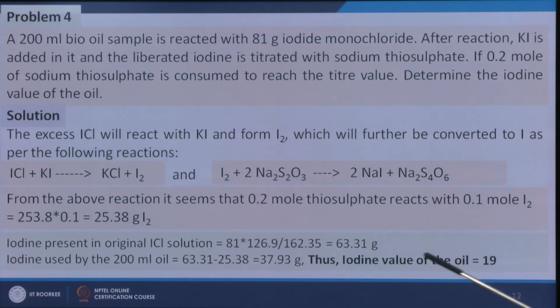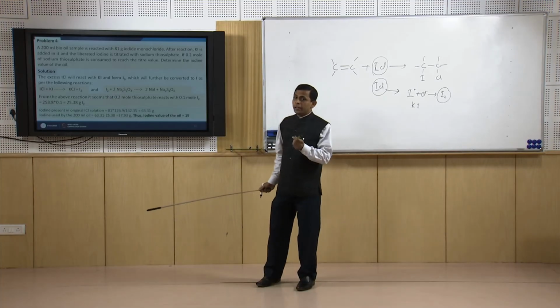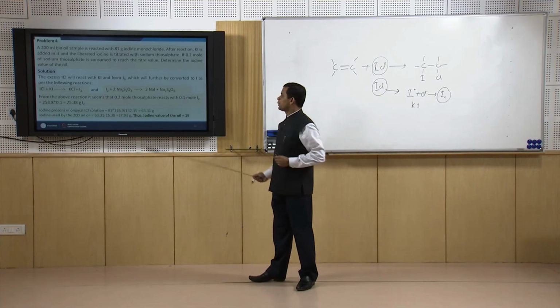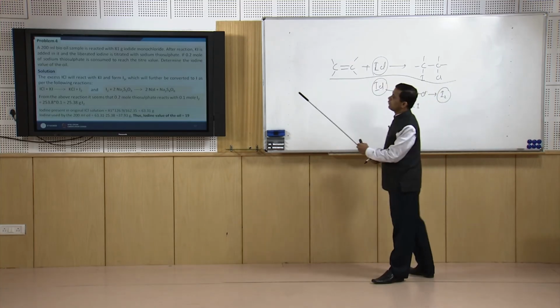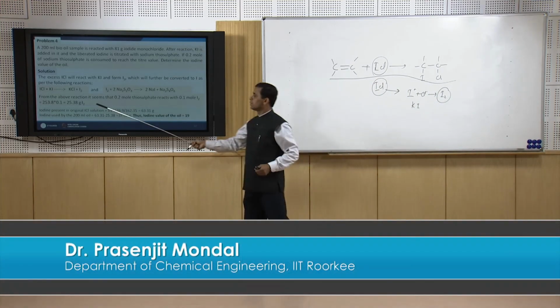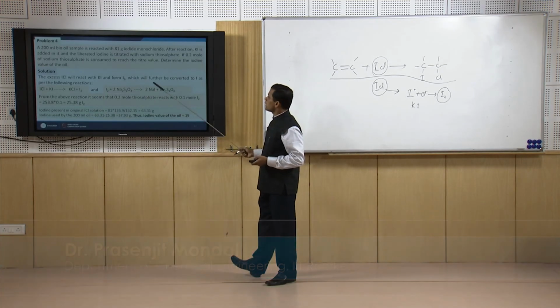And 0.1 mole of iodine is equal to how much? 253.8 into 0.1, that is equal to 25.38 gram of iodine. So, this iodine is available after this reaction, 25.38 gram. Now, how much was initially available?